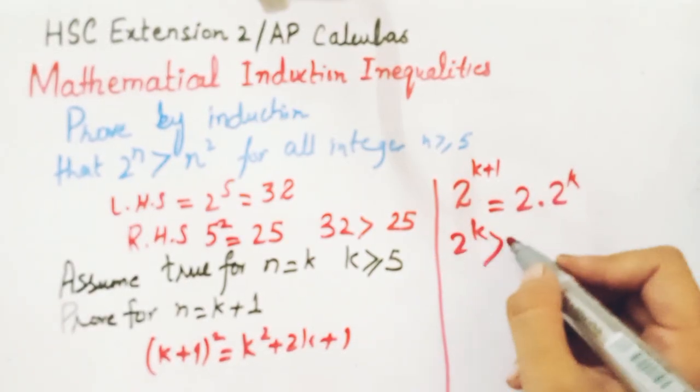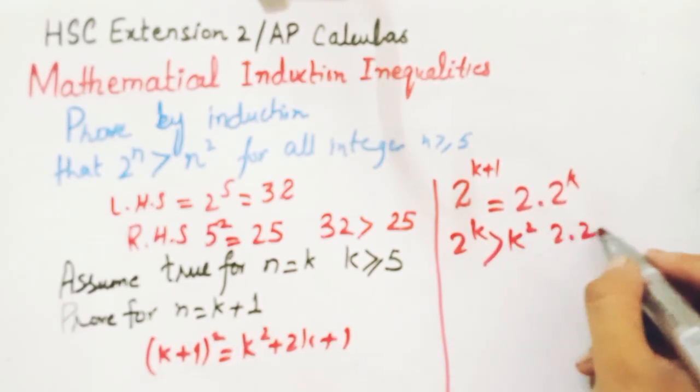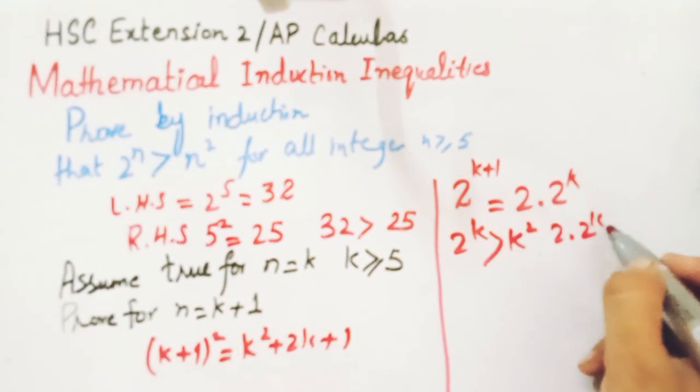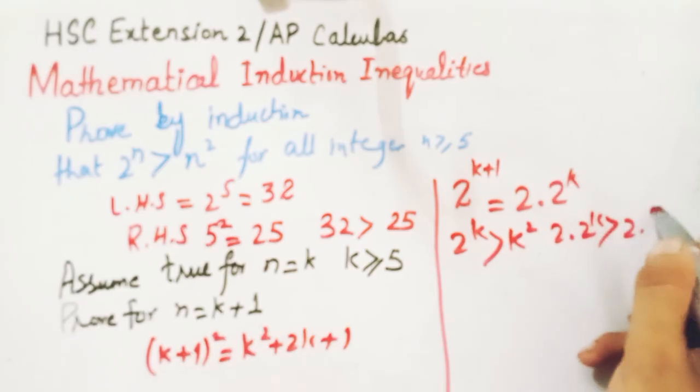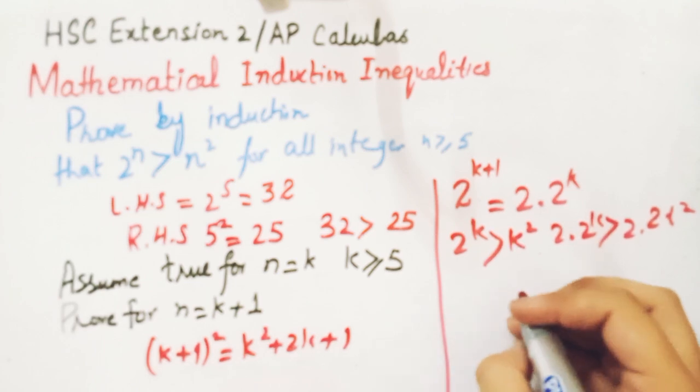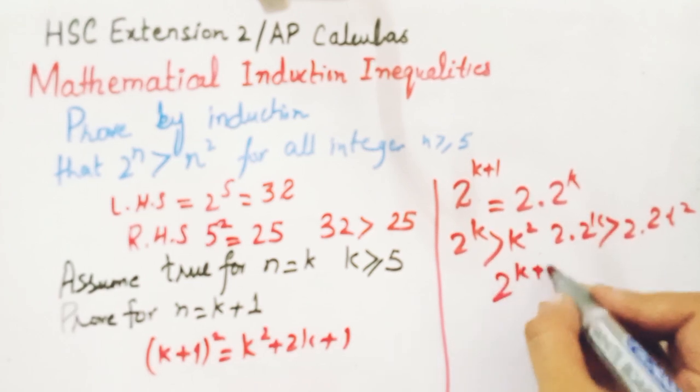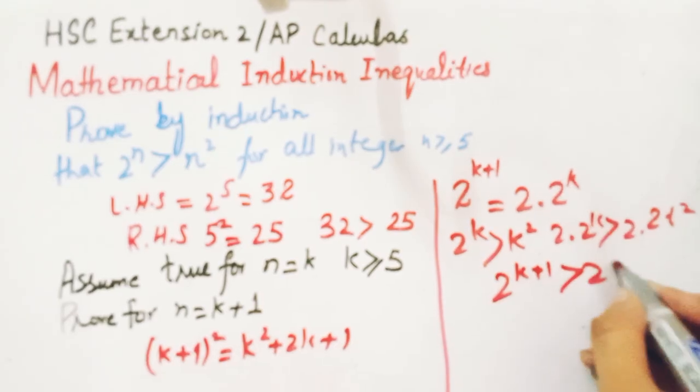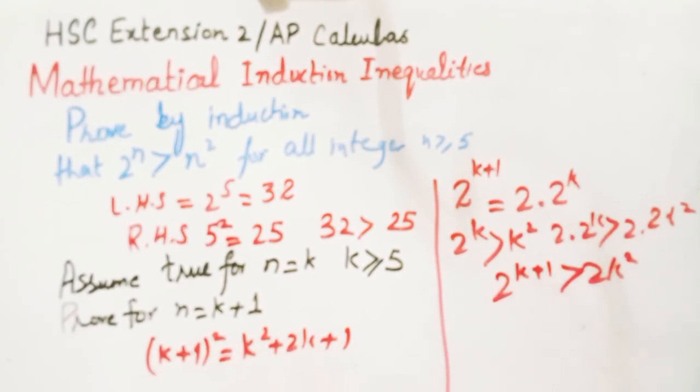Since 2 raised to power k is greater than k square, 2 into 2 raised to power k is greater than 2 into k square. Then we have 2 raised to power k plus 1 is greater than 2k square. So we have successfully introduced 2k square, that will equal k square plus k square.